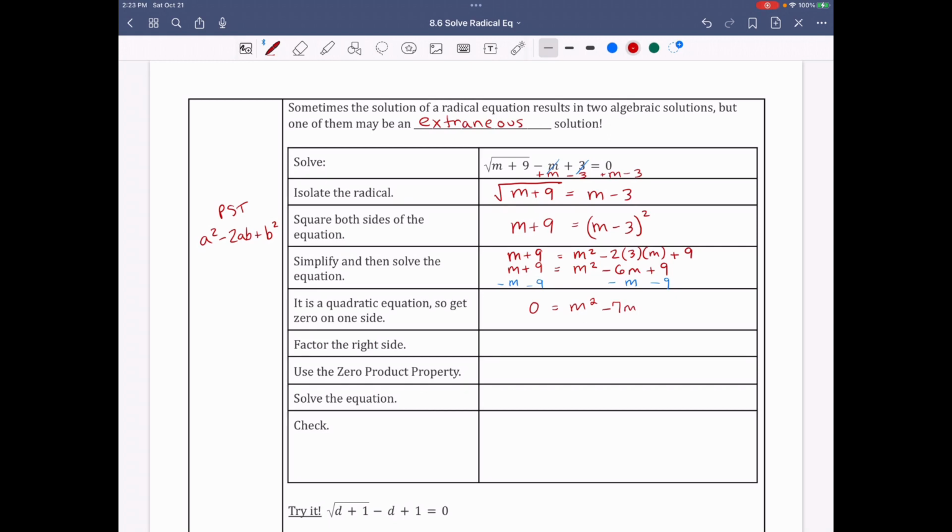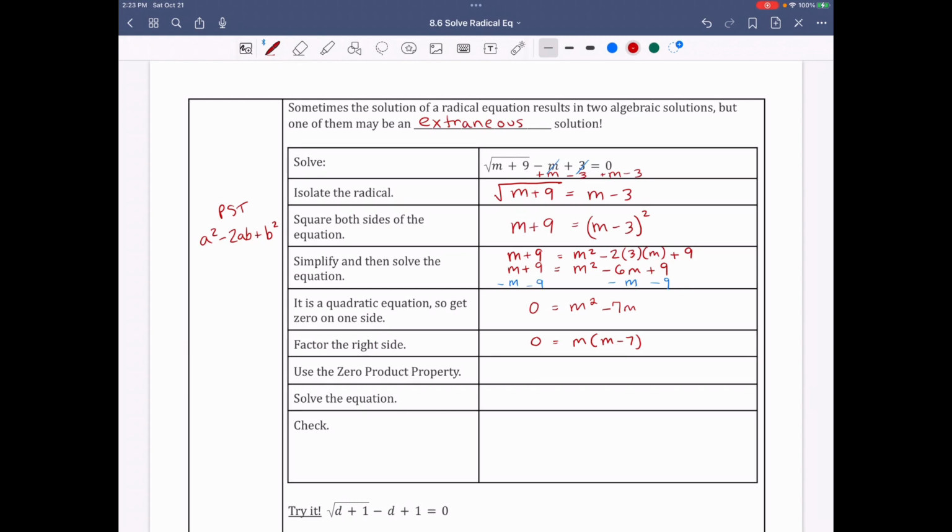And then there's 0 here, right? Like the 9's canceled. It says factor the right side. The only way to factor that is to take out the GCF, which is m.